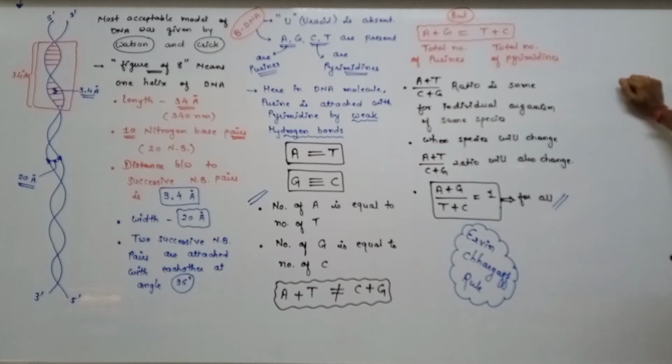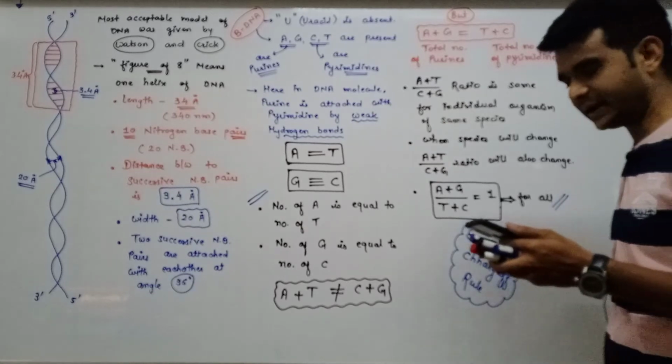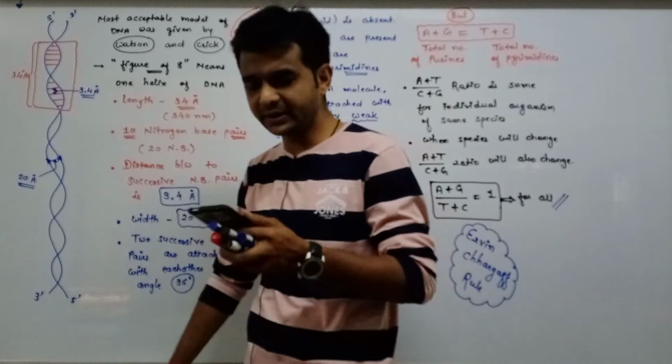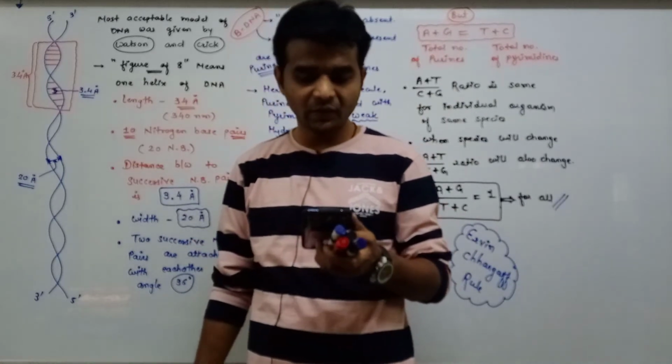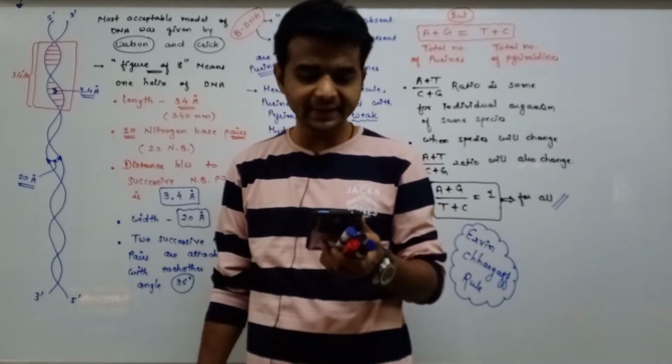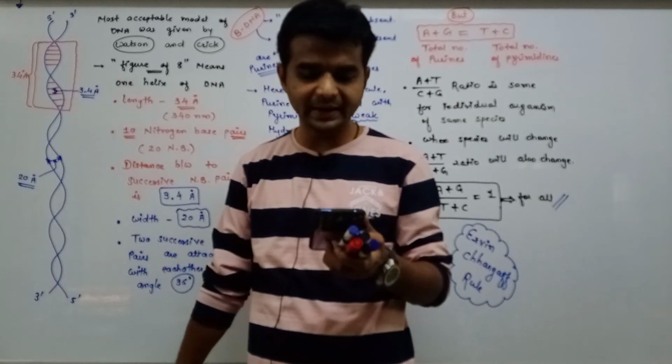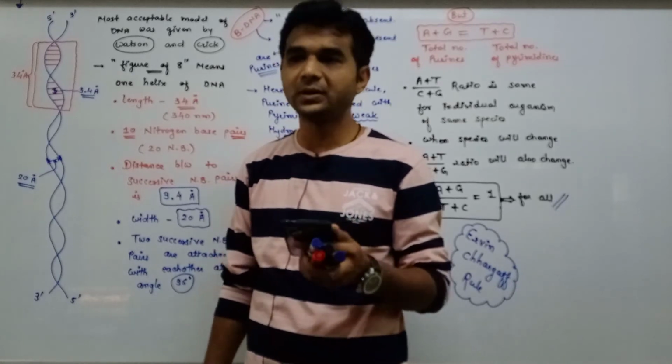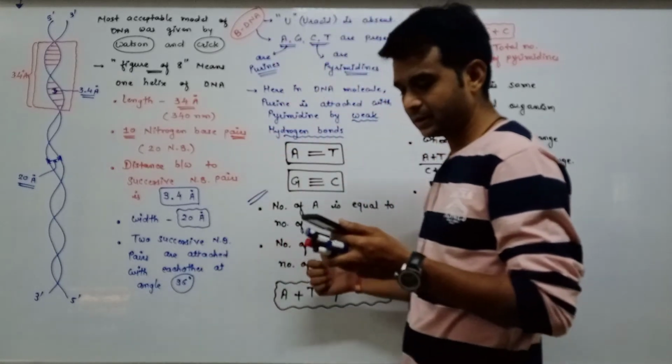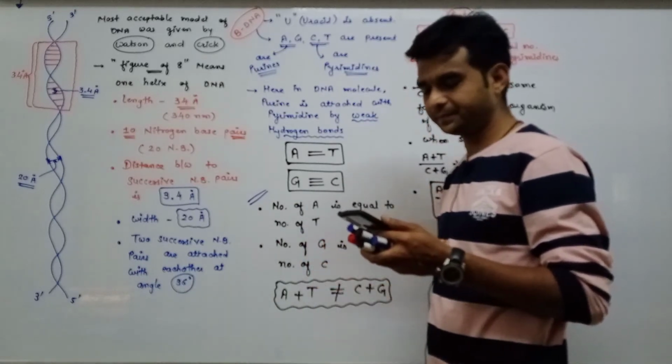Okay, let's see. Yesterday we had stopped at page number 151. Nucleic acid exhibits a wide variety of secondary structures. For example, one of the secondary structures exhibited by DNA is the famous Watson and Crick model.